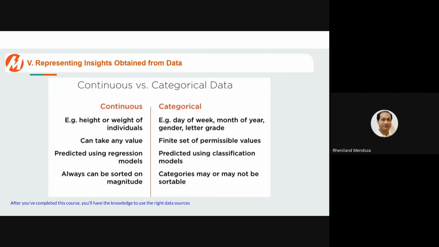Examples of categorical or discrete values, on the other hand, are the day of the week, the month of the year, the gender, male or female, or a letter grade, A, B, C, D, that you might get in your assignments. And it's pretty obvious, as their name suggests, that continuous variables can take on any value, whereas for categorical variables there are a finite set of permissible or discrete values possible.